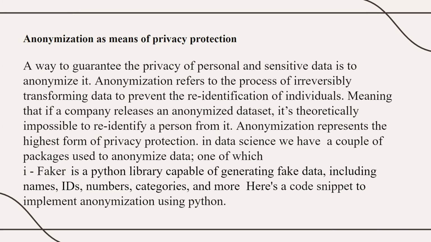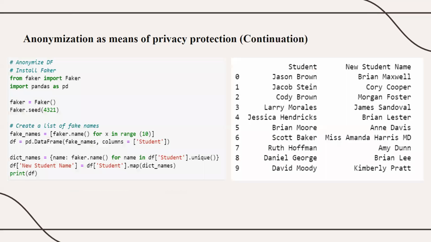Faker is a Python library capable of generating fake data, including names, IDs, numbers, categories, and more. So here's a code snippet to implement anonymization using Python.